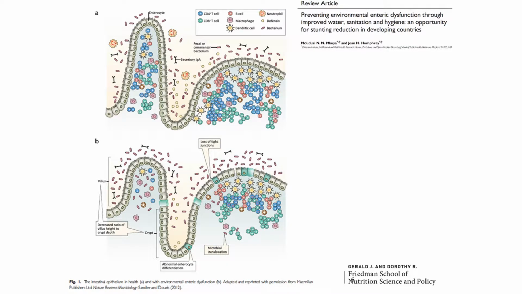basically the top. This is the intestinal wall, and what you're looking at are called the villi, and they're kind of like fingers, and they stick up like this, and we all have this in the small intestine. And what you see on the top is what it is normally. And when you have altered microbiota, or when you have this long-term enteric dysfunction, what you see is what is called the blunting of the villi. So if you think about your fingers, this is how your villi should be looking.